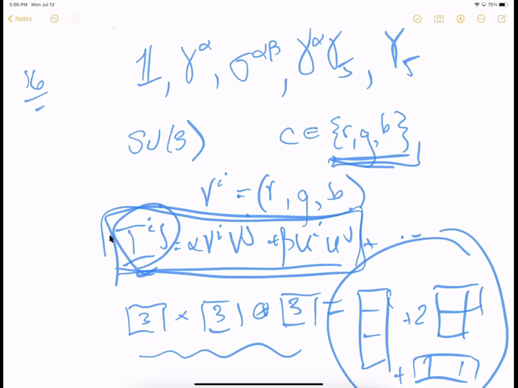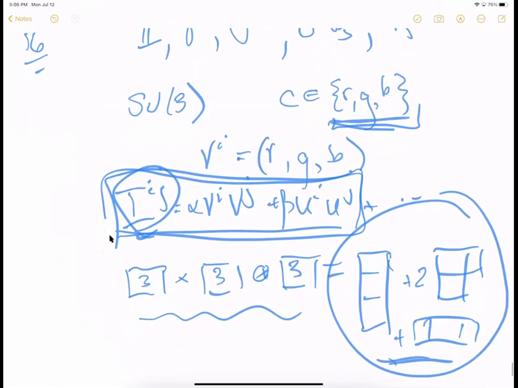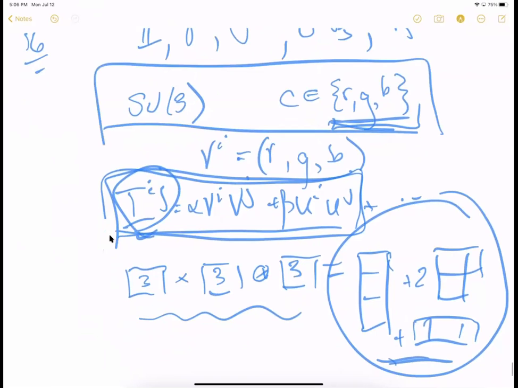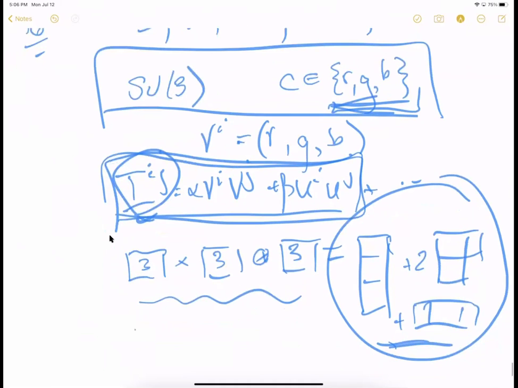So we can do that with any of the vector spaces. We have a three-dimensional vector space, and we can build SU(3) covariant tensors from these vectors. Then we can do the same thing for SU(2) and for U(1).